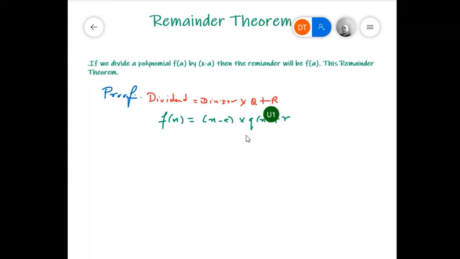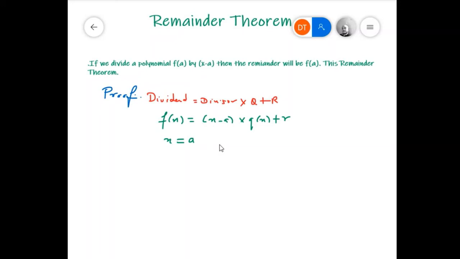Finding the value of a polynomial you have already studied in class 9th. So the value of f of x is found when x equals a, because our divisor is x minus a.